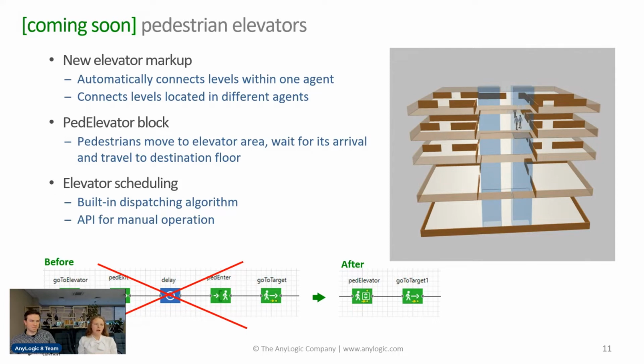But if there are any users who want to test their own lift algorithms, custom algorithms, they can do this by using code and API methods. And so they can easily manually dispatch this lift.